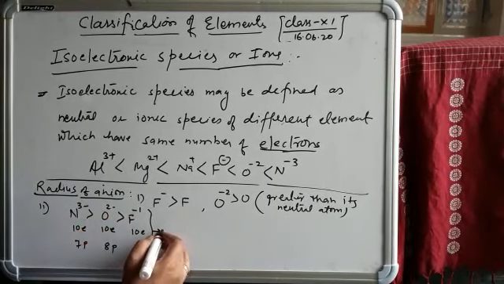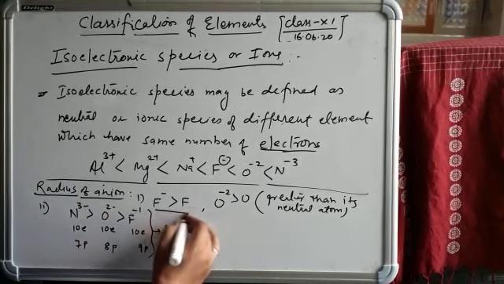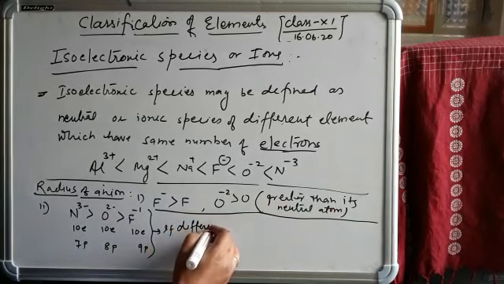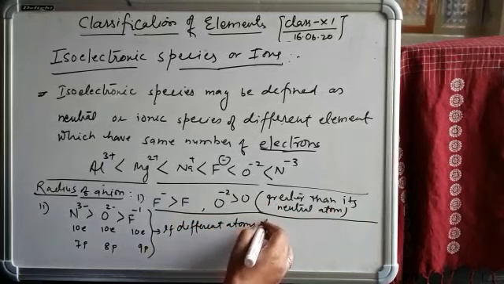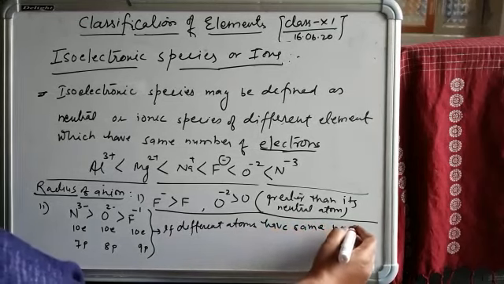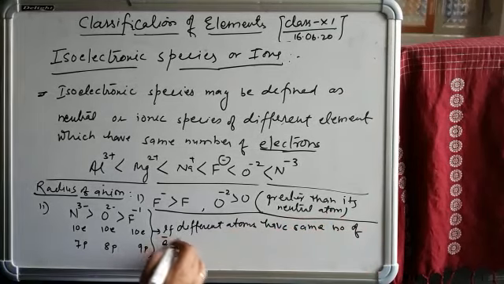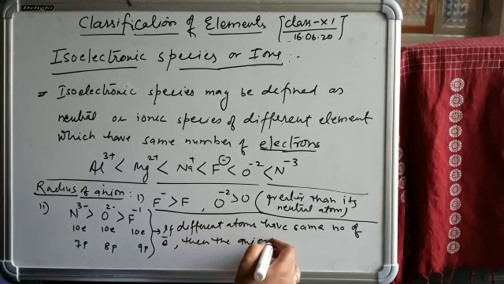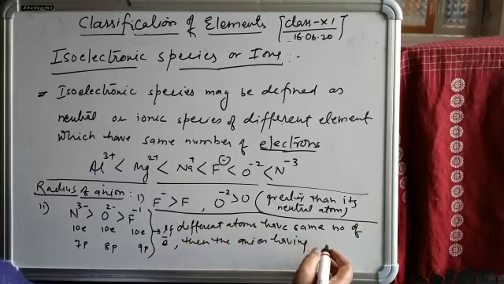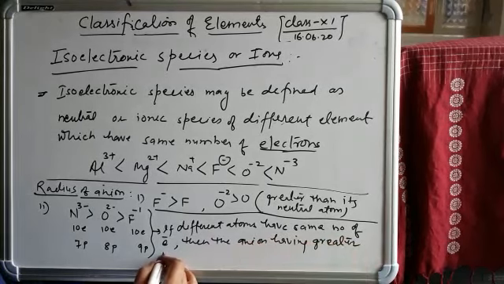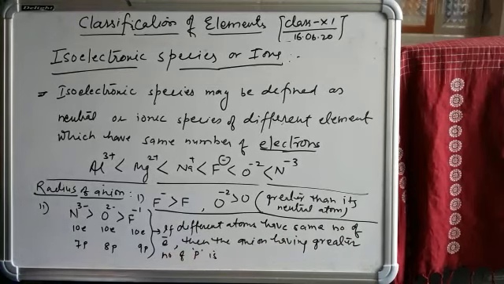We can write: if different atoms have the same number of electrons, then the anion having the greater number of protons is smaller in size.